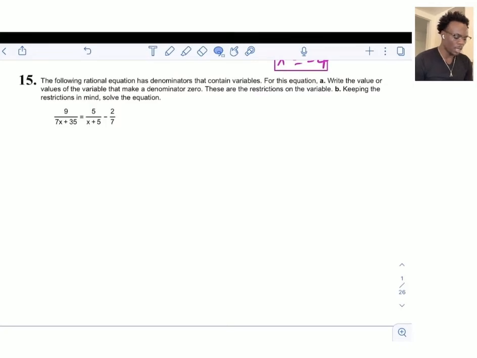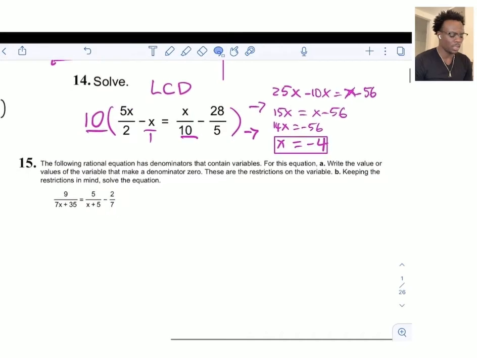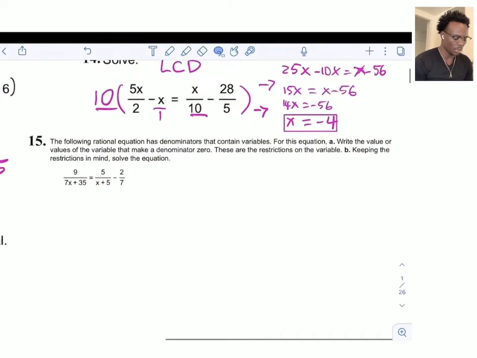Now, if you remember in number 14, we did have denominators, but we did not have variables in the denominator.